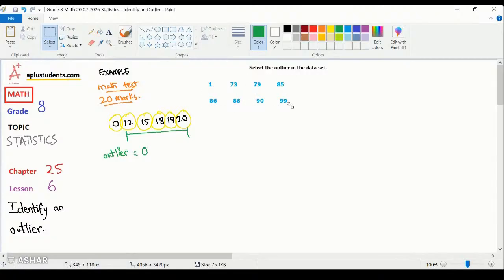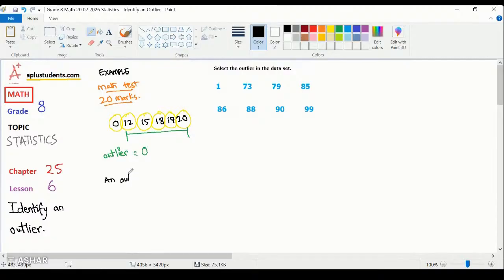An outlier is a number that is out of range. Or we can say an outlier is an extreme value.